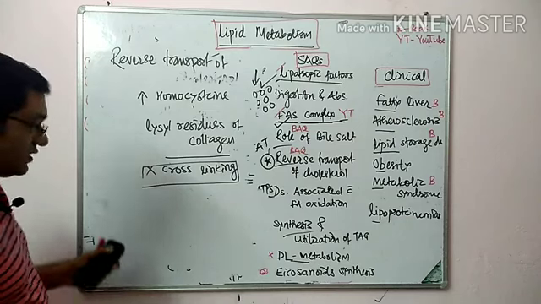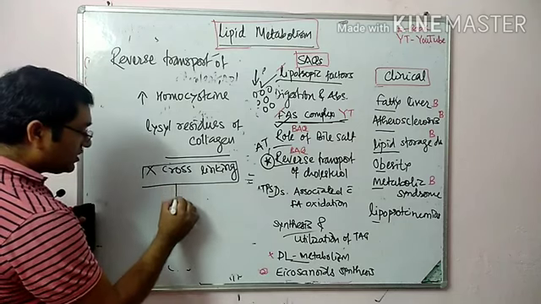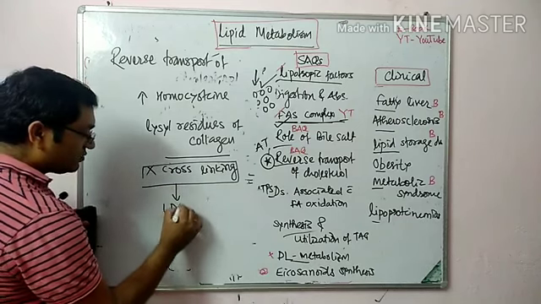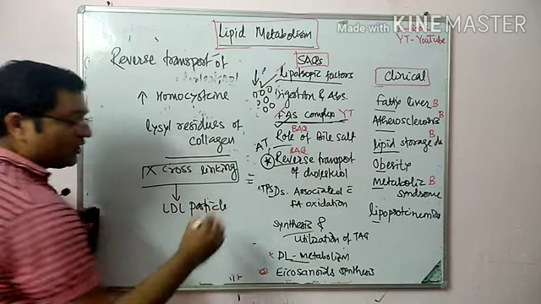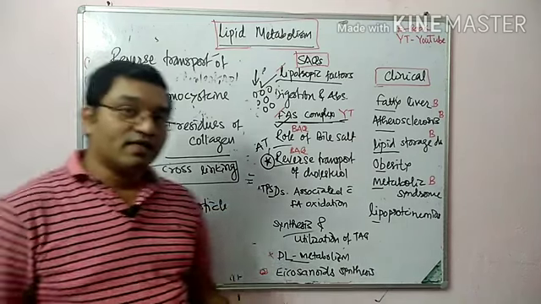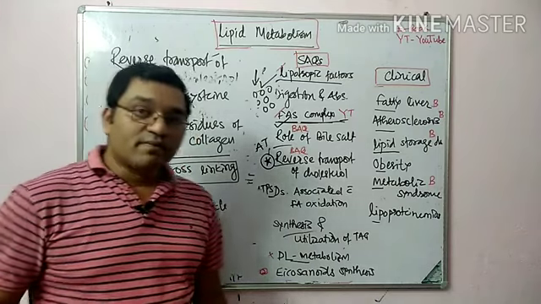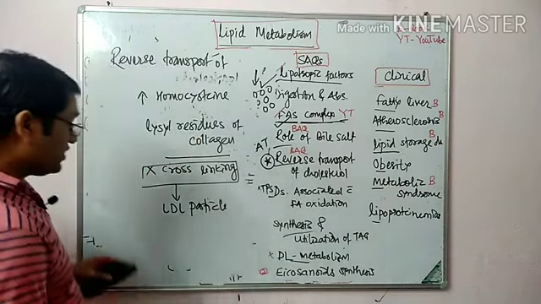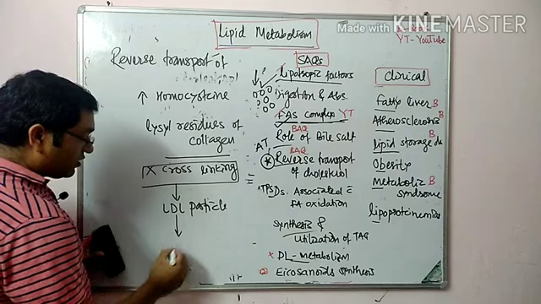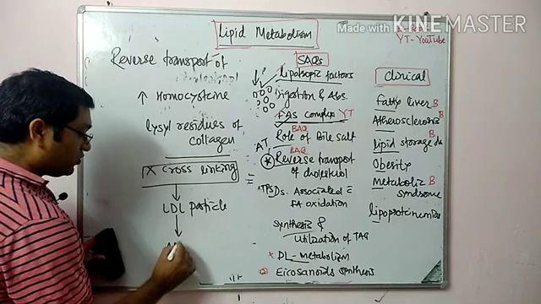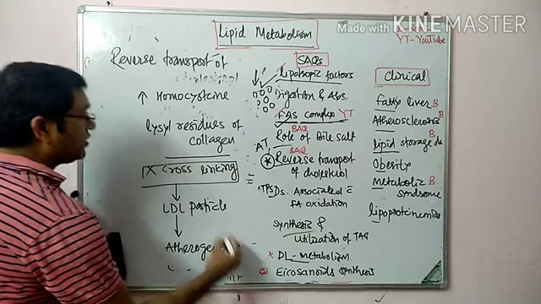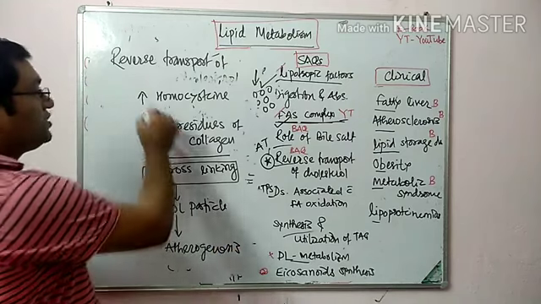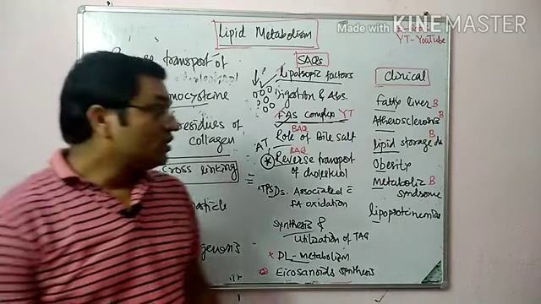It is also responsible for thiolation of LDL particles. These thiolated LDL particles are engulfed by macrophages by endocytosis, and this is responsible for plaque formation and atherogenesis. So an increase in homocysteine causes cardiovascular episodes.